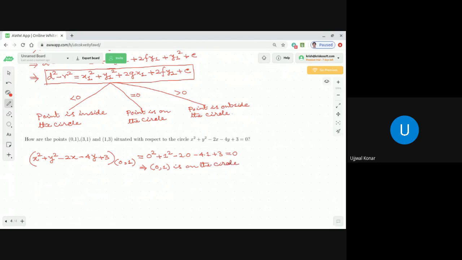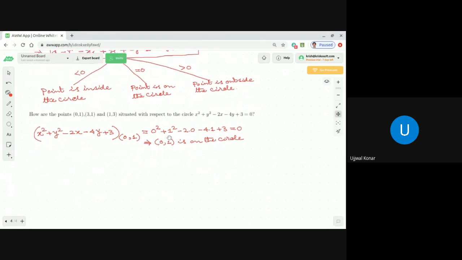In a similar manner, we need to find the value of the expression at the point (3, 1). Let me use a different color. We find the value of x square plus y square minus 2x minus 4y plus 3 at (3, 1).